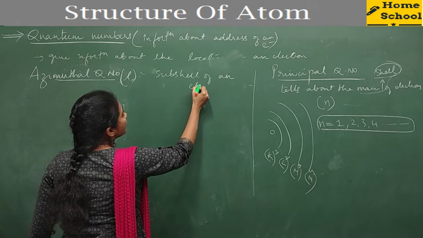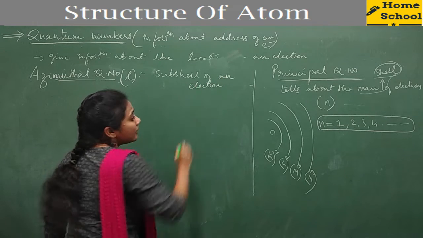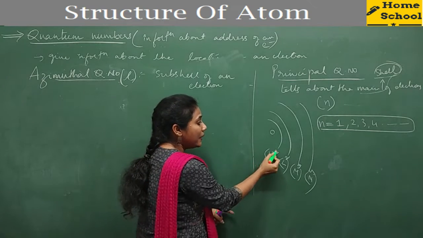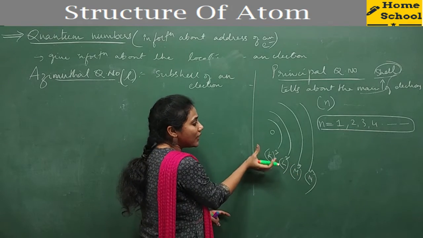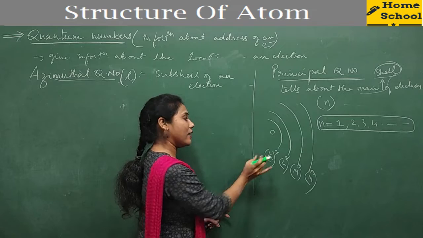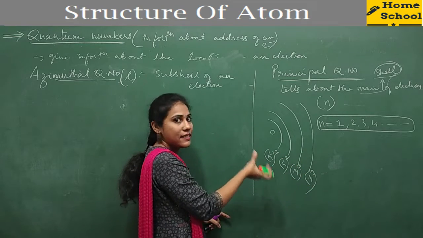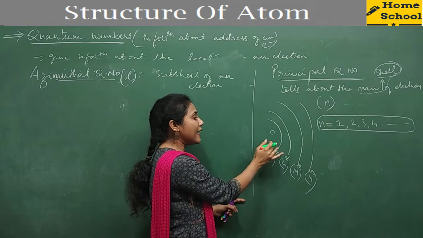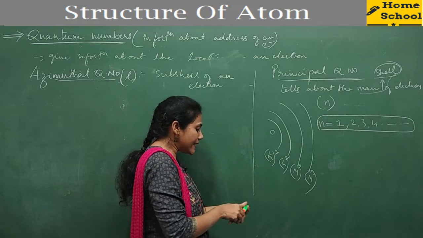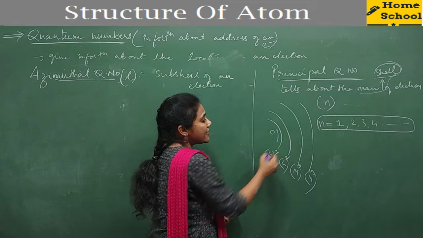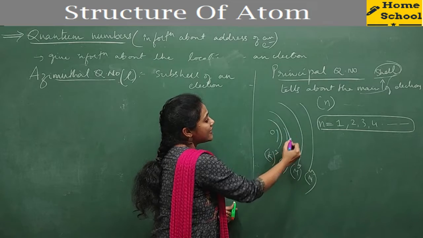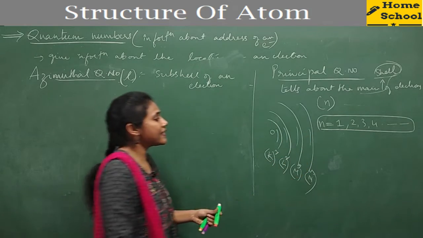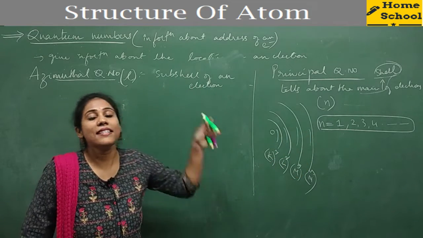Clear, everybody? These are like the main states of a country where electrons are there. We are calling those states shells, I said. And now inside a state, you will have certain districts, right? These districts, we are calling them subshells.